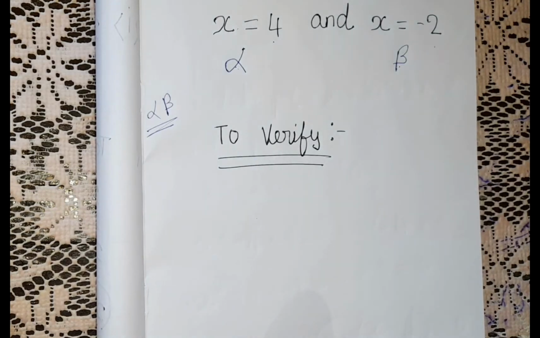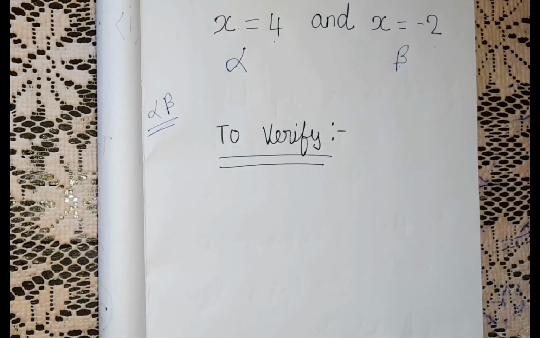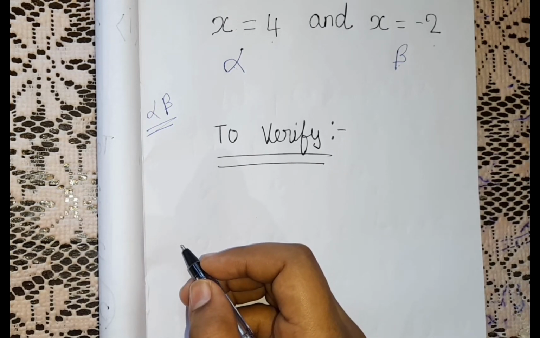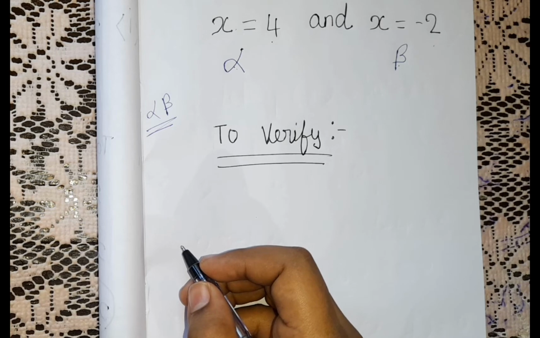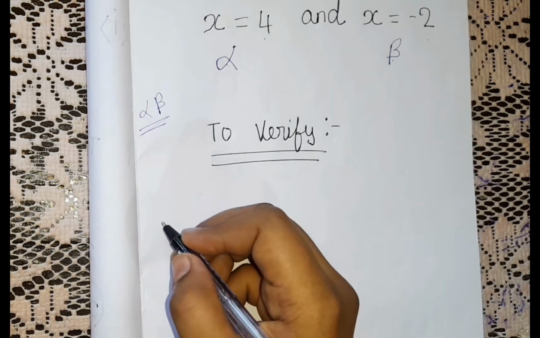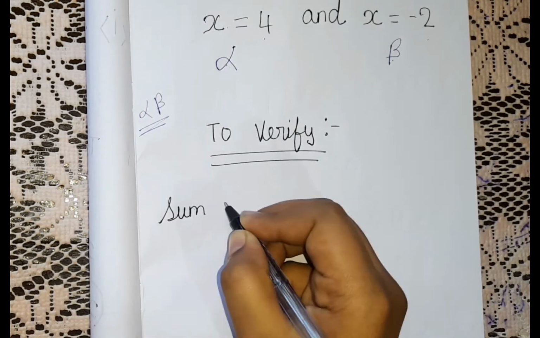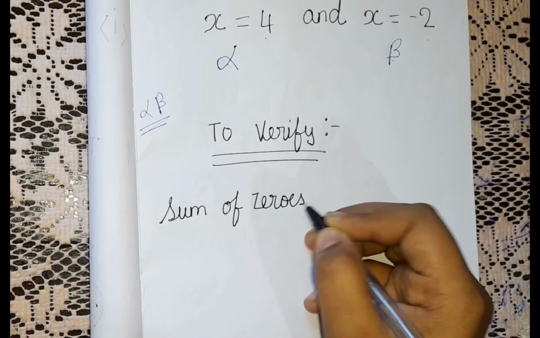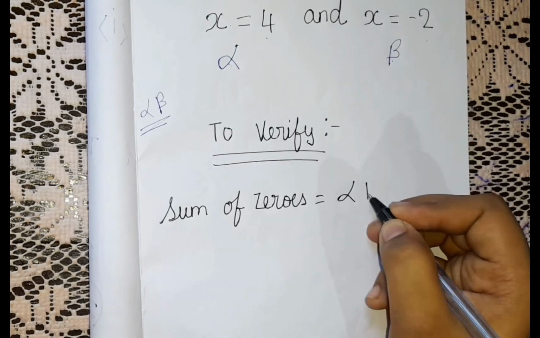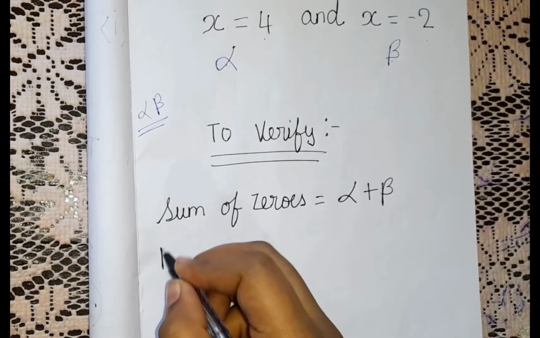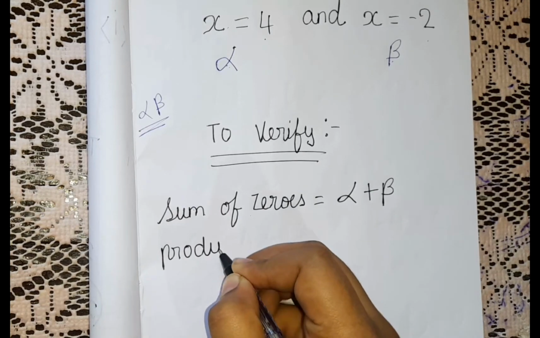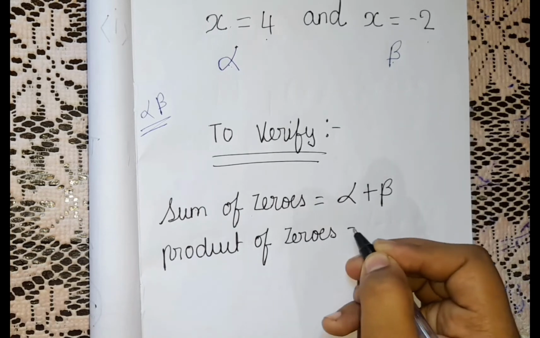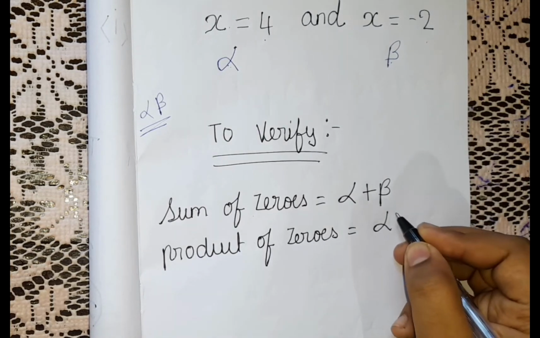Okay, now let's verify. Do you guys remember the formula, that is sum of zeros is equal to alpha plus beta, which we had studied in the starting of the lesson? So now let's write that. Sum of zeros is equal to alpha plus beta and product of zeros is equal to alpha into beta.